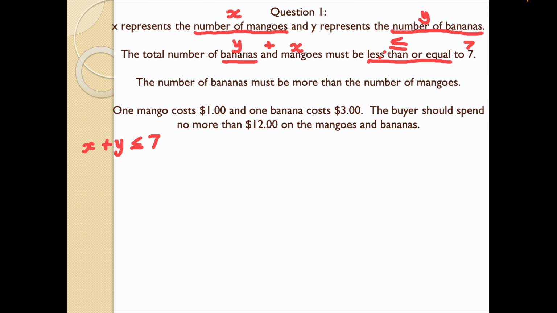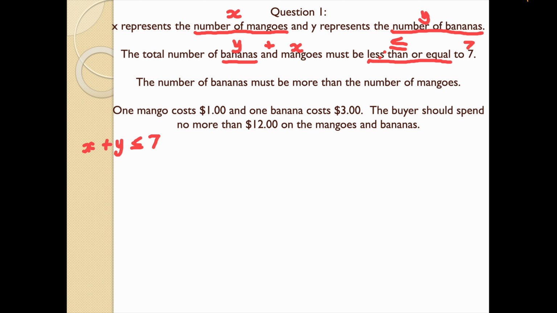Now, does that make sense? Yes. Now check this out. What did we say X represents? The number of mangoes. What does Y represent? The number of bananas. If I was to convert this back, since X means the number of mangoes and Y means the number of bananas, look how I read this.